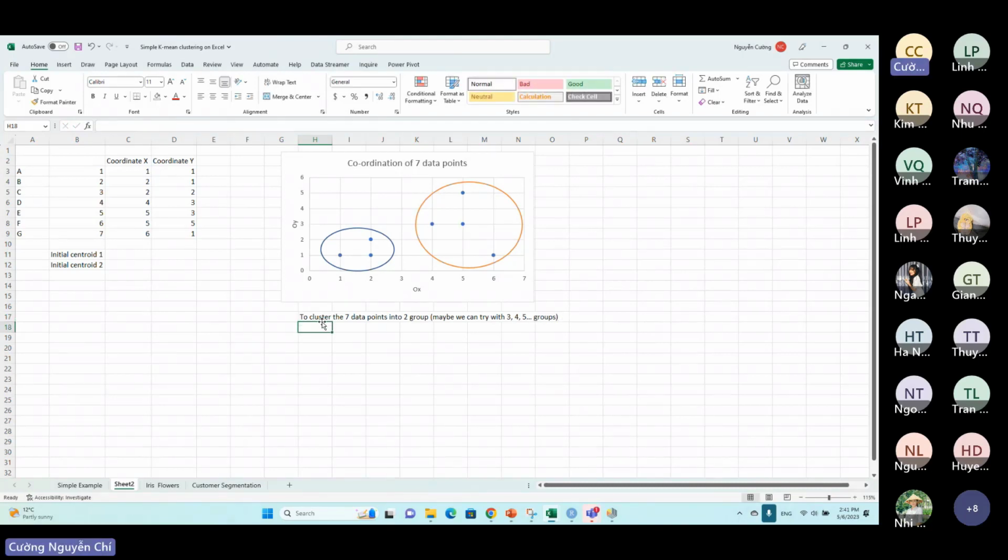But the question is how many will be the best. It very much depends. In most cases, people do 2, 3, 4, 5, 6, 7, 8, 9, 10, but not a lot. We cannot do it with 7 clusters for 7 data points. We should not do it with 7 clusters because that does not help.